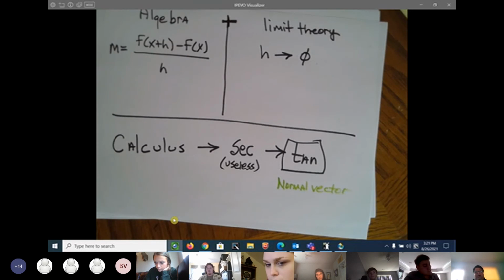Now, that may not seem a lot to you right now, but when you're going into economics and business and marketing, the first and second derivative, which gives you the speed and the velocity, will also give you the increasing and decreasing values, as well as the inflection point on a marketing curve.